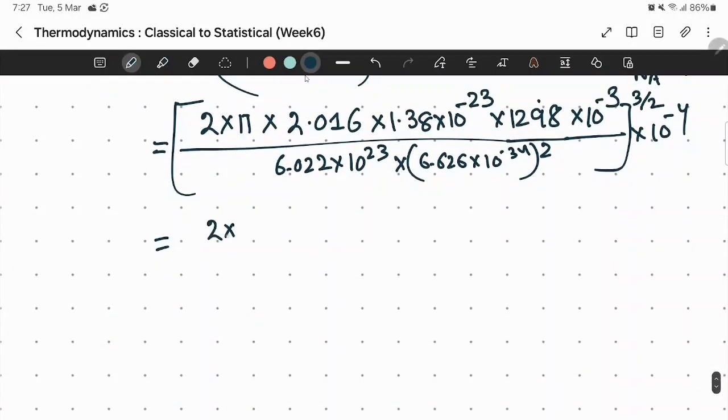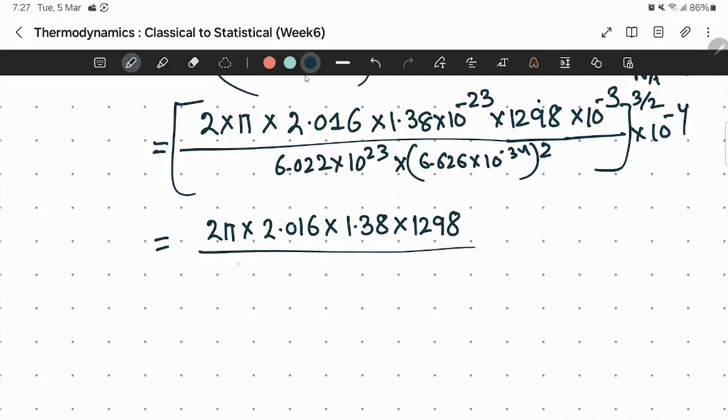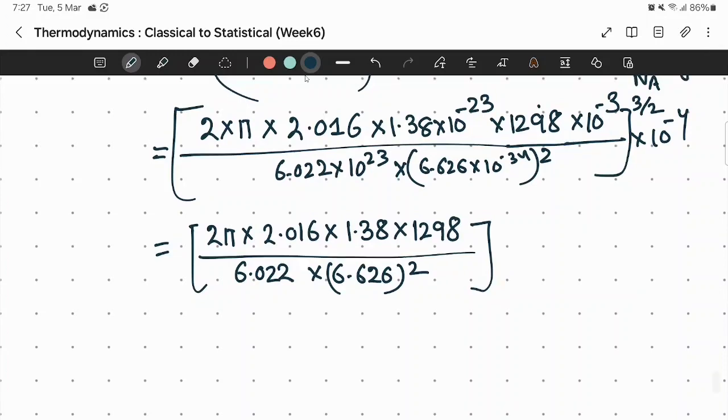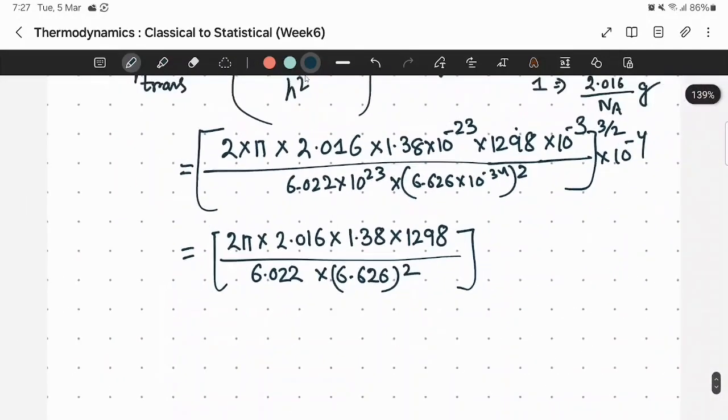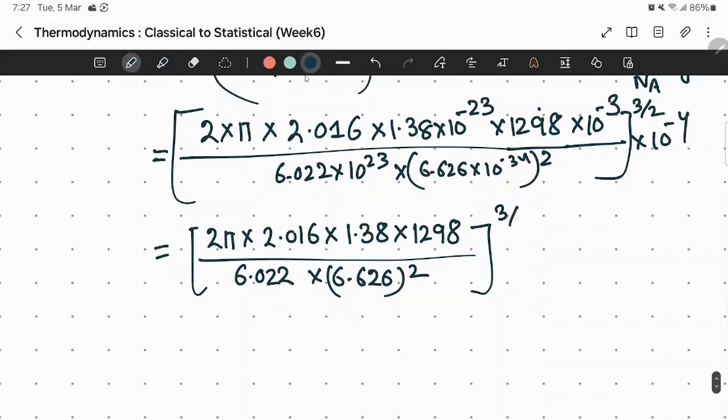So it is 2 pi into 23 minus 3, 26. Here it is 23 into 68.